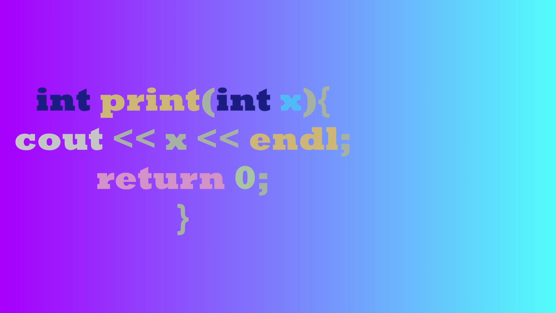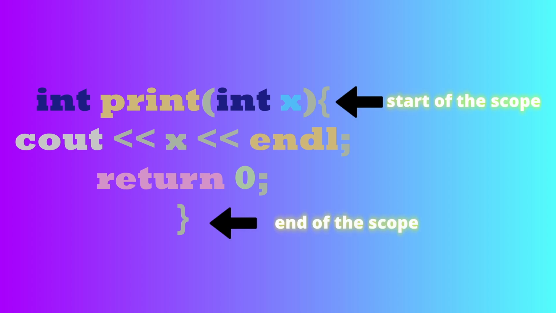In C++, curly braces are often used to delineate a scope region that is nested within another scope region. For example, a function defined inside the global scope region uses curly braces to separate the scope region of the function from the global scope.